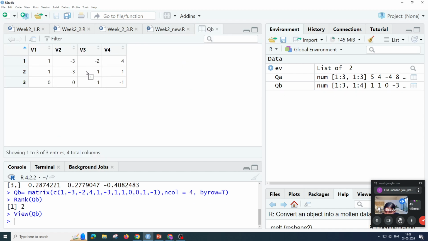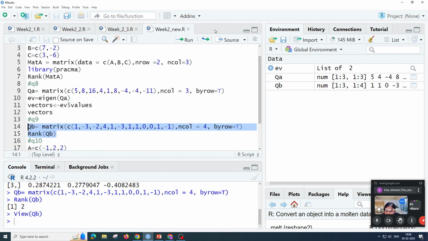Then directly I can find the rank of QB. The rank of QB is given as 2. Another thing you have to see is that you have to install this library, pragma, usually for finding the rank. This library should be included while you are finding the rank of a matrix.